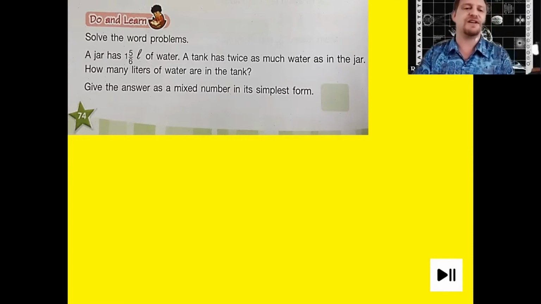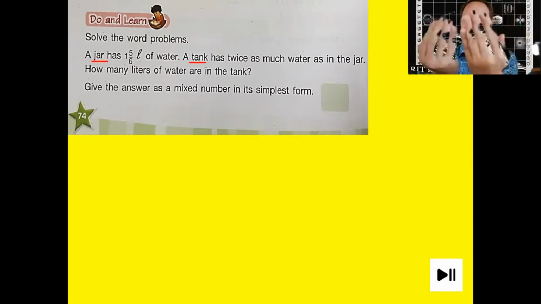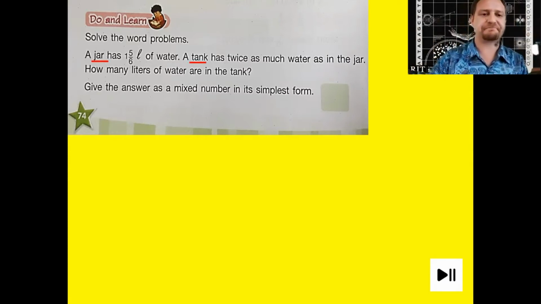Okay, well, let's have a look. We have the word jar, which is another name for a type of glass, okay? And then we have the word tank, which is a word for a water container, okay? And look at, we have a jar has 1 5/6 liters inside of it, doesn't it?